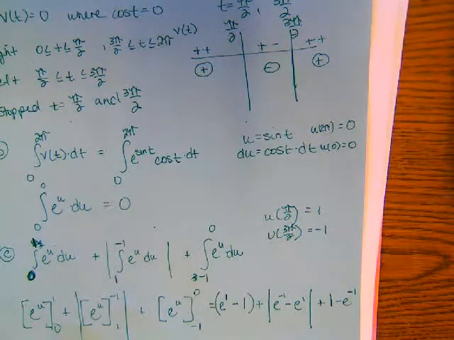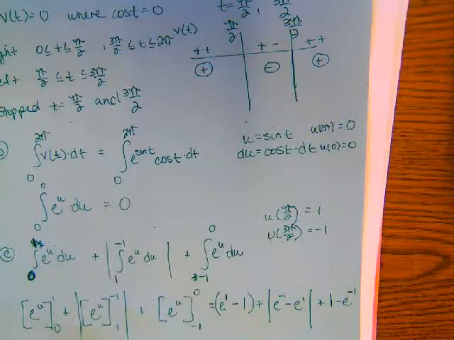What can cancel out? I did e to the negative 1 minus e to the first and found the absolute value of that, which one's bigger, by the way? E to the 1.